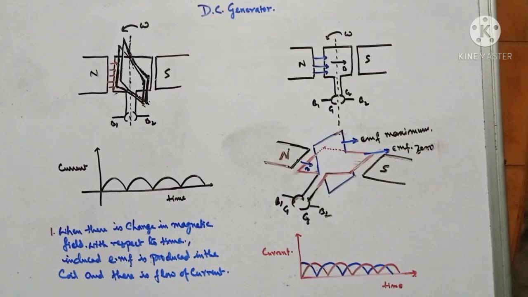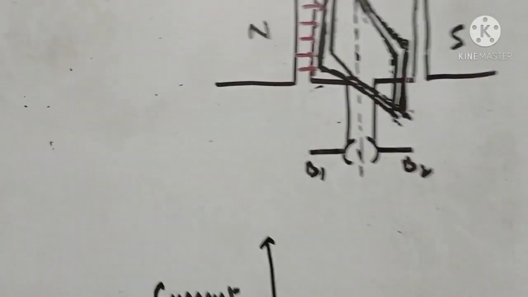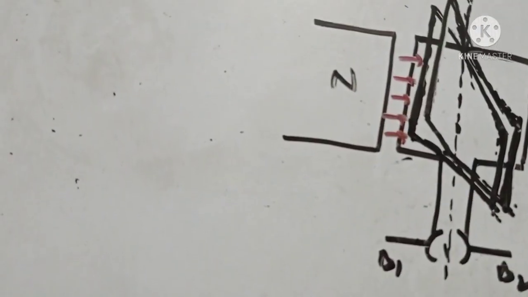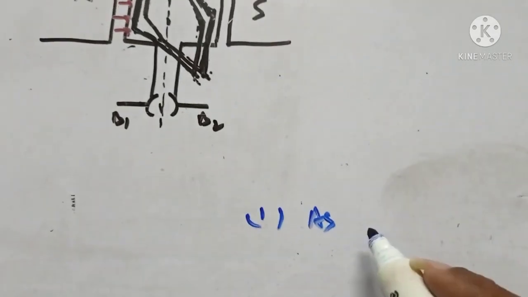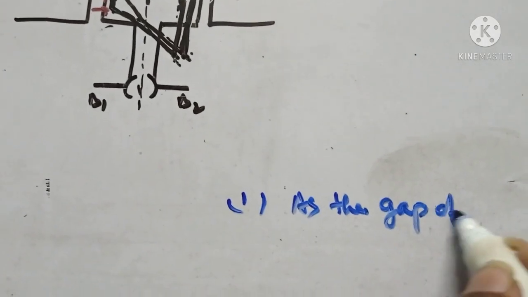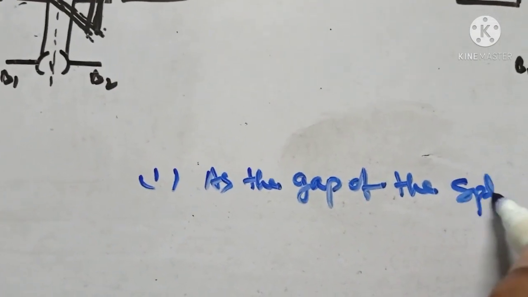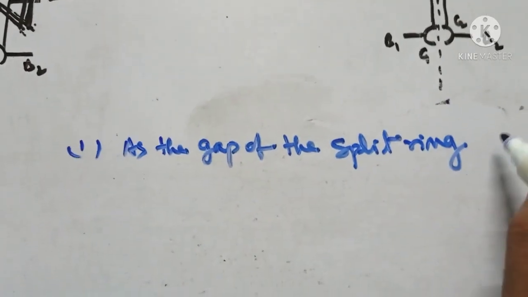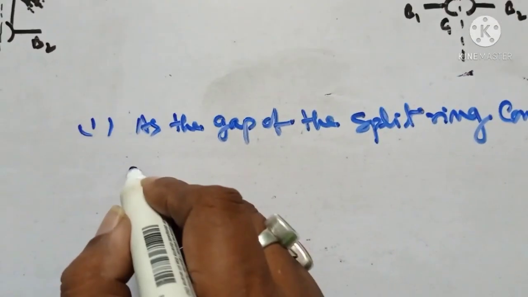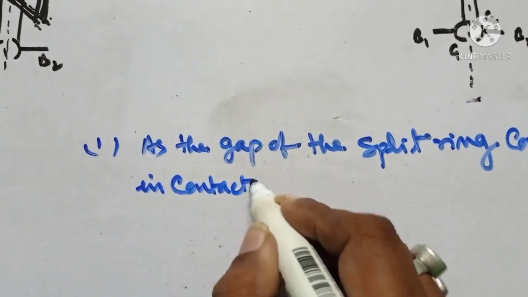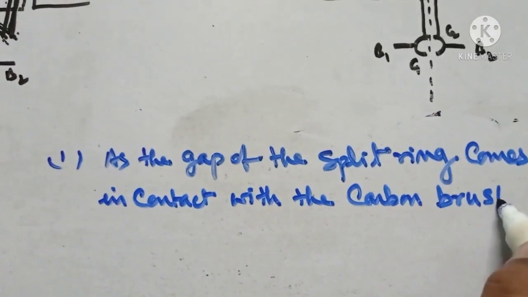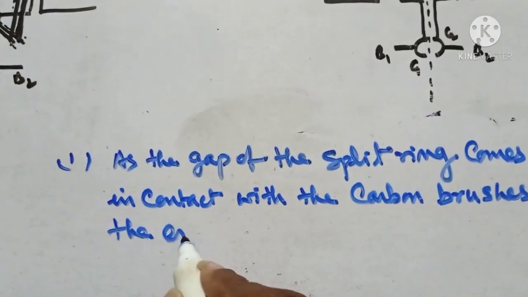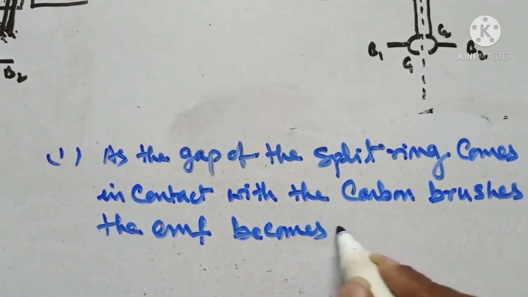Now see what actually happens. First, as the gap of the split ring comes in contact with the carbon brushes, the EMF becomes 0.